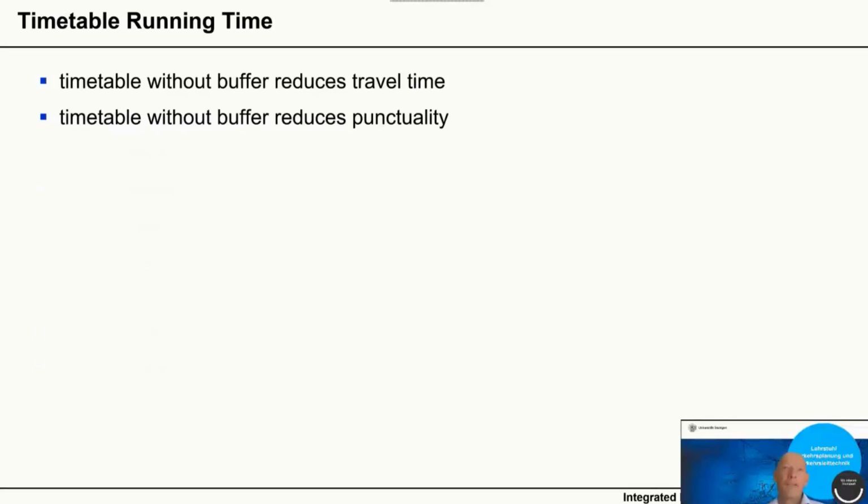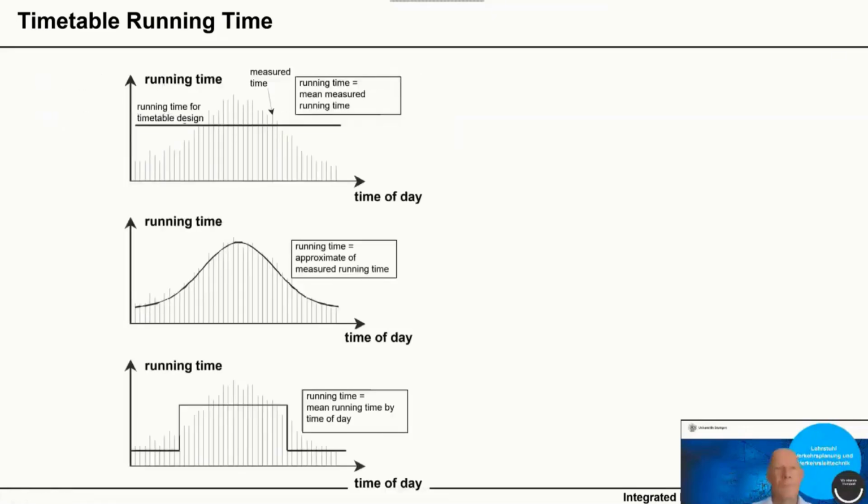But if we do not have buffer time, we reduce punctuality because there are always some type of disturbances along the route. At the stop, people, maybe with the S-Bahn, you may take your bike, people with a wheelchair enter the vehicle, or maybe a large group of passengers. And that then extends your dwell time. So for that, you need a certain buffer time. So this is something we need to decide on. We need to find a good solution.